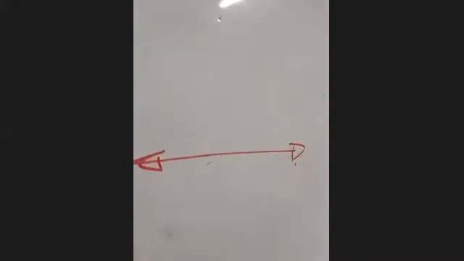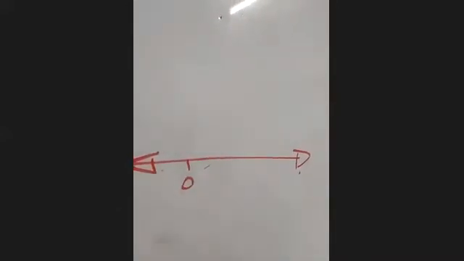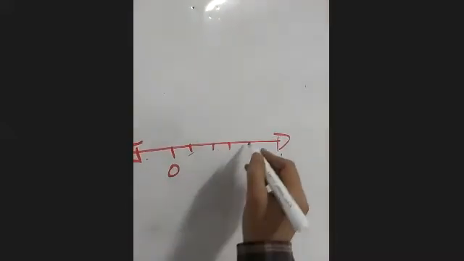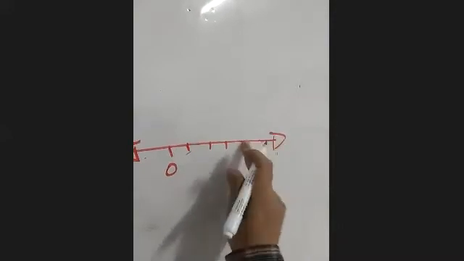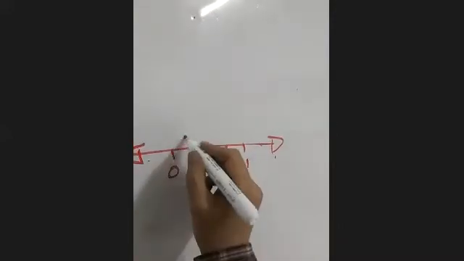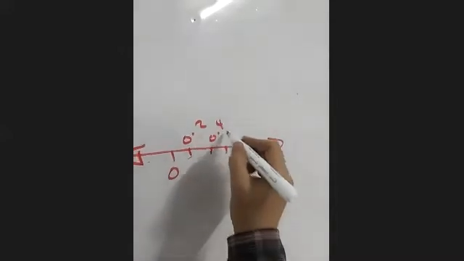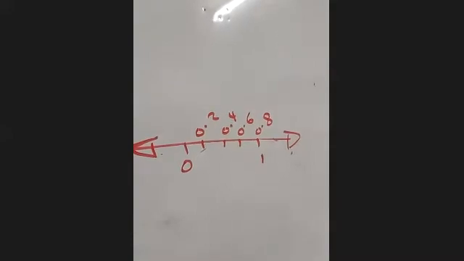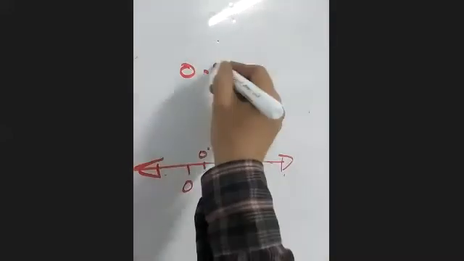Look at the board. Here we have 0, and 4 sections, then we have 1. Here 0.2, 0.4, 0.6, 0.8. The number is 0.25.